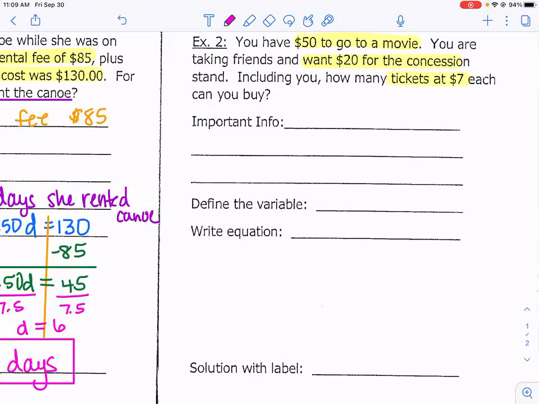Okay, so important information. $50 to go to a movie. So that's what you're spending, right? You're spending $50 at the movie, right? Okay. You know for sure you want $20 worth of food or drinks at the concessions.